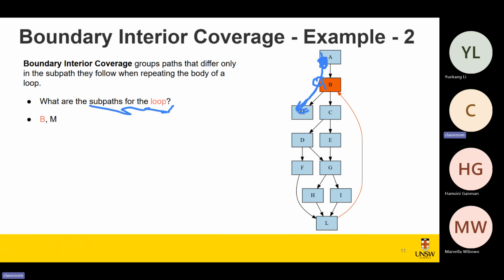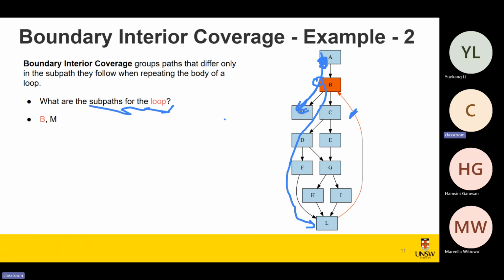And then we explore this. This is another subpath, right? Because we only care about what's inside the loop. We don't care about whenever we are getting back to the start of the loop.